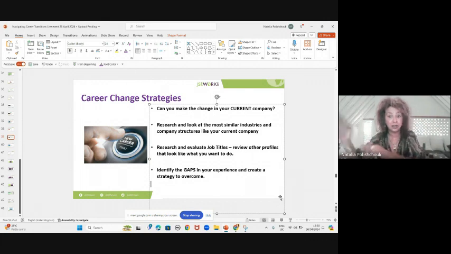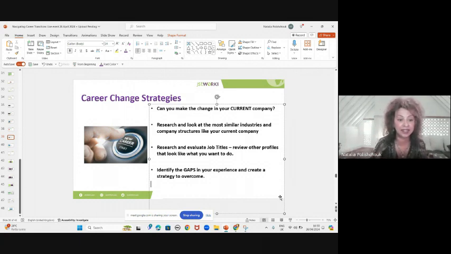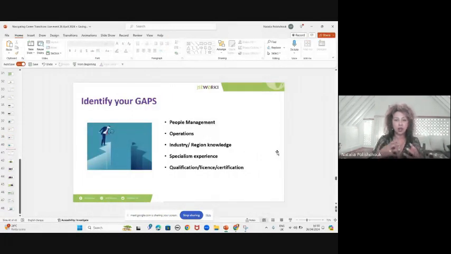And then this is where you begin to identify, where are my gaps? What experience do I potentially have that I can utilize to demonstrate that in different contexts, I have still done that? As I said, your core pillars, once you've got that 10 plus years and you go into a management role: how you manage people, how you motivate people, how you create operational excellence, any industry knowledge.